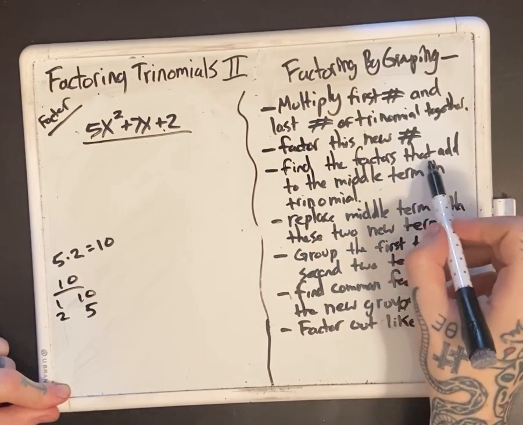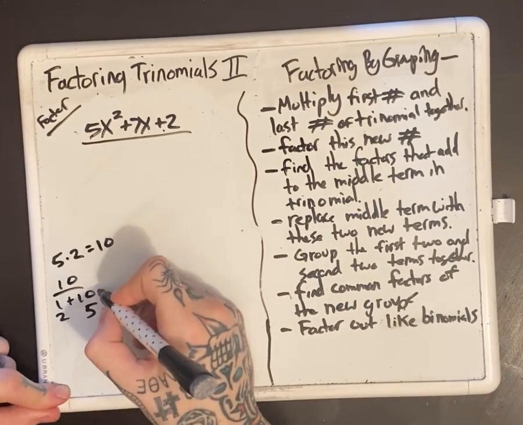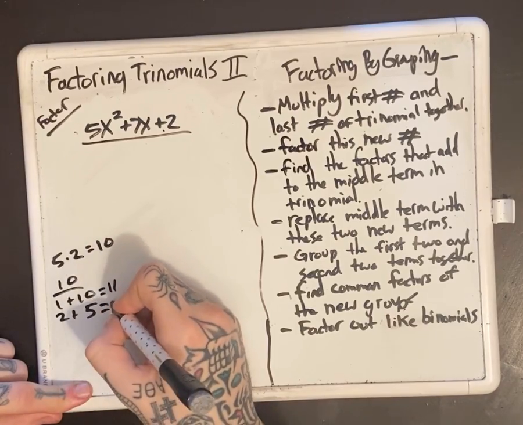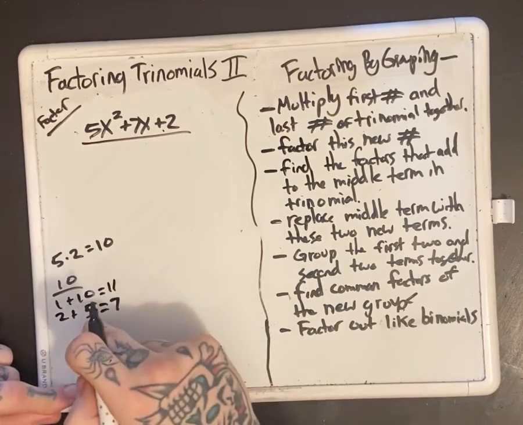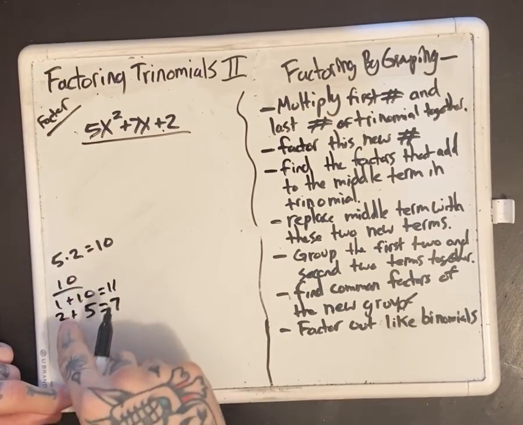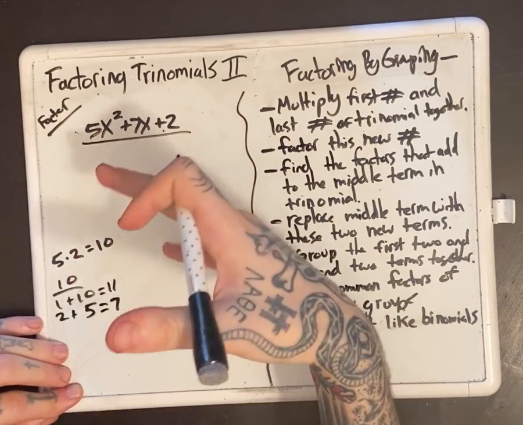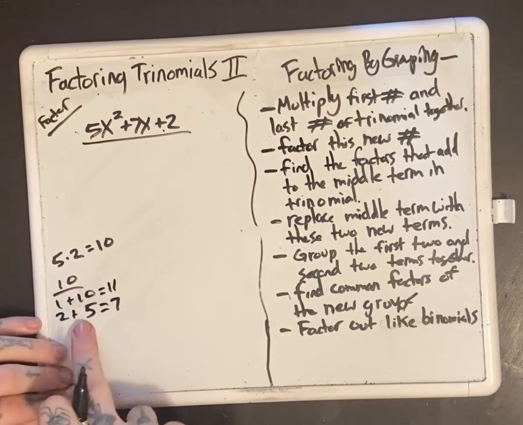Find out the factors that add to the middle term in the trinomial. Okay, so this gives us 11, and this gives us 7. So we're looking for 2 and 5. So like I said before, it's not necessarily always going to be the two numbers you're multiplying with. It's just a coincidence sometimes that happens. But in this case it is.